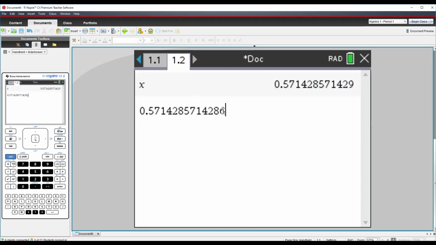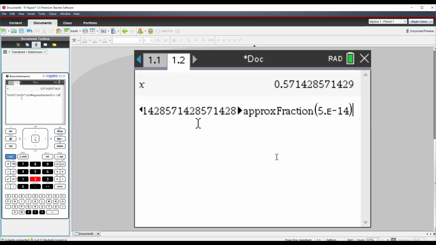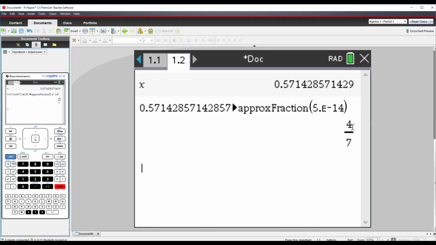Now I'm going to delete this and enter 571428, and I'll do one more 571428. Now that I've got this repeating, I'm just going to do menu 22. And when I press enter, it tells me that the exact fraction will be 4/7.